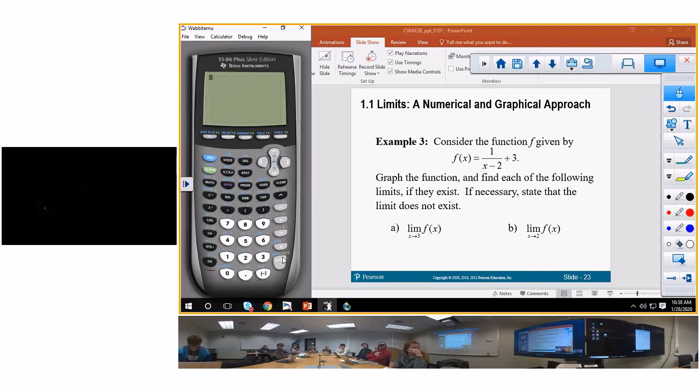No, I didn't think it was going to like it. 1 divided by. There we go. Put in another parenthesis. Yep, I need to put in one more parenthesis.